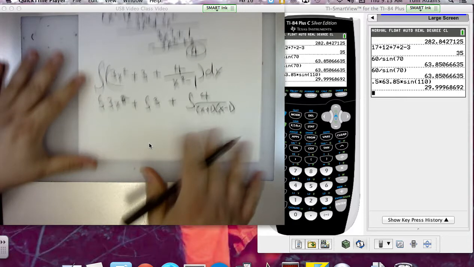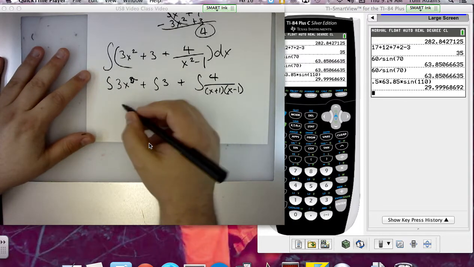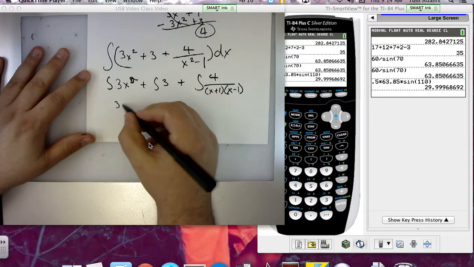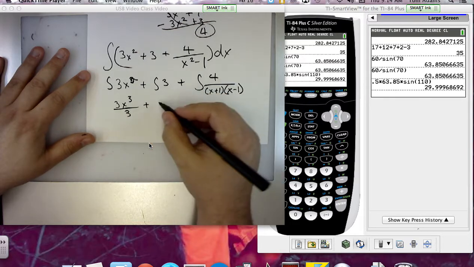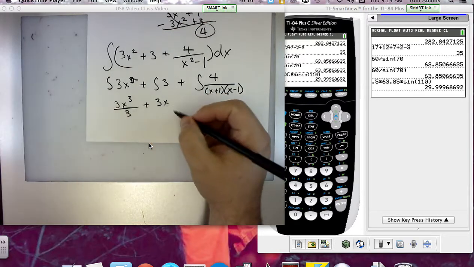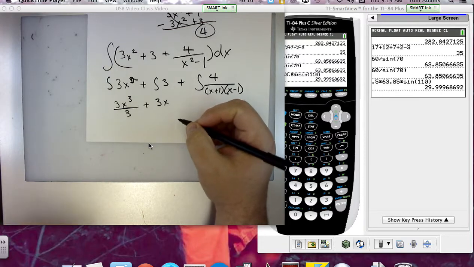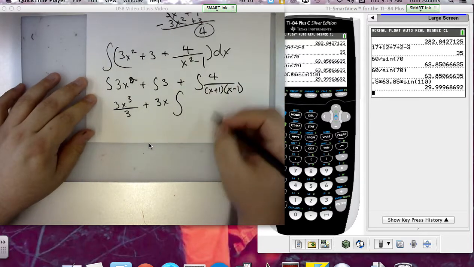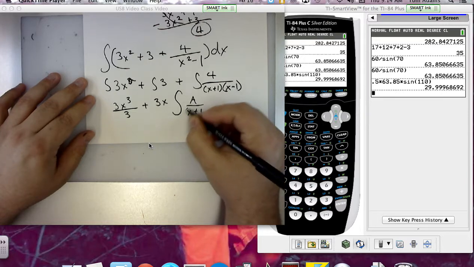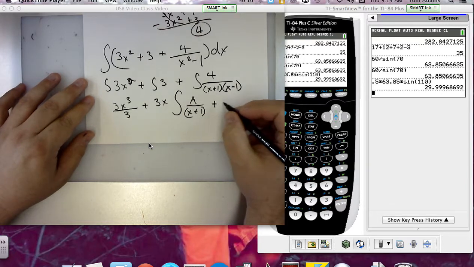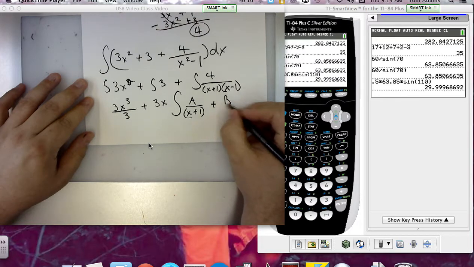Well, now the antiderivative of 3x squared is going to be 3x to the 3rd power divided by 3, plus this is just going to be 3x to the 1st power. And then I've got to do this business here, which would be capital A over x plus 1 plus capital B over x minus 1.